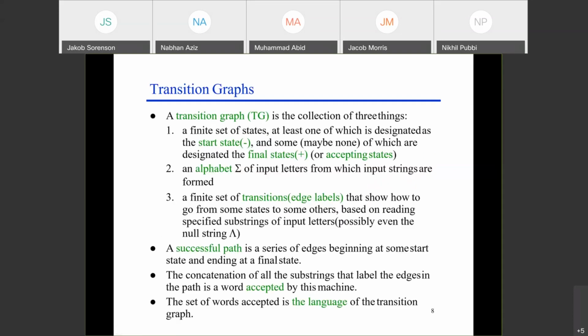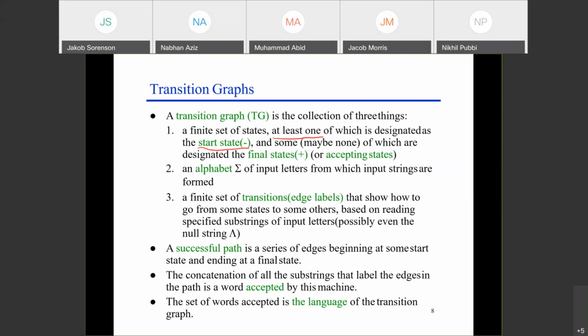So now let's see the formal definition of a transition graph. A transition graph is the collection of three things. First, a finite set of states, at least one of which is designated as the start state. Now this is the difference. When you talk about FA, it says exactly one of which is designated as the start state.